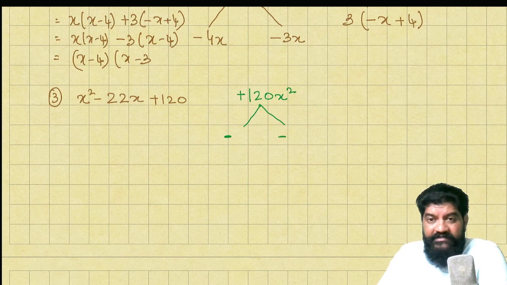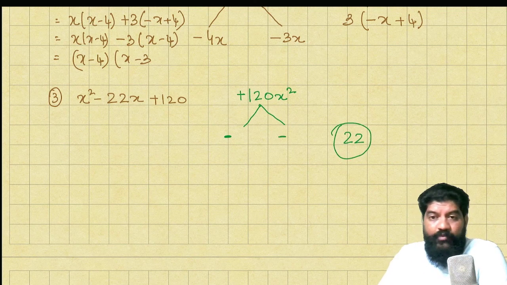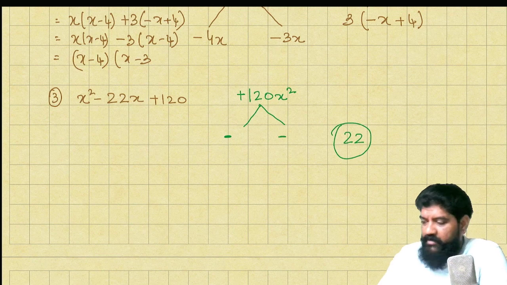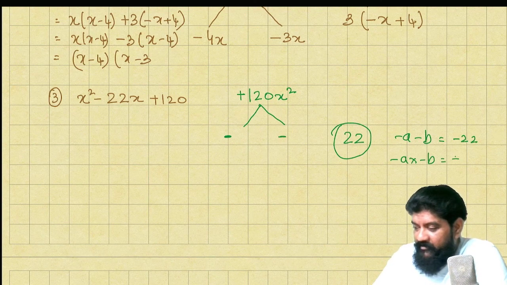This means the numbers that I'm going to be choosing will sum up to 22 and they will multiply to be 120. Basically, I'm saying that minus a minus b will be minus 22, and then minus a into minus b will be plus 120.